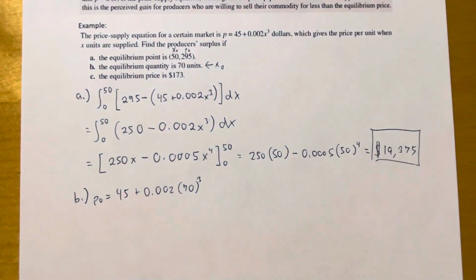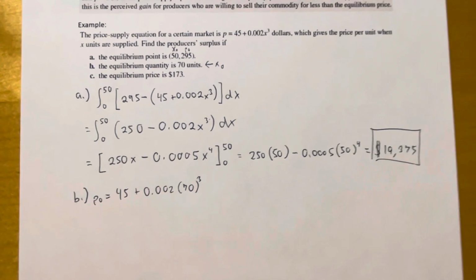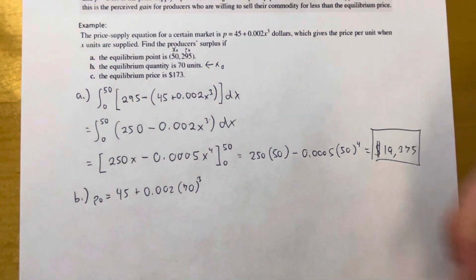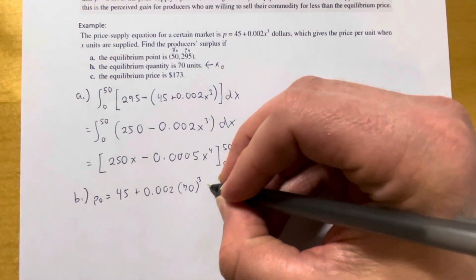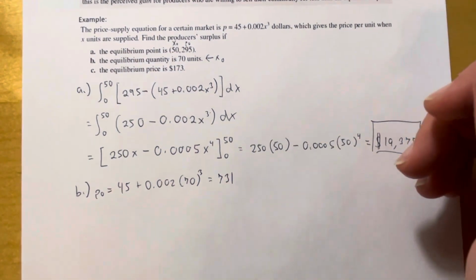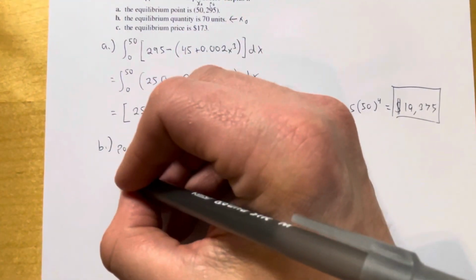I didn't do this ahead of time, so I'm going to work this out. 45 plus 0.002 times 70 cubed, we get 731. This is equal to 731. That is market price.